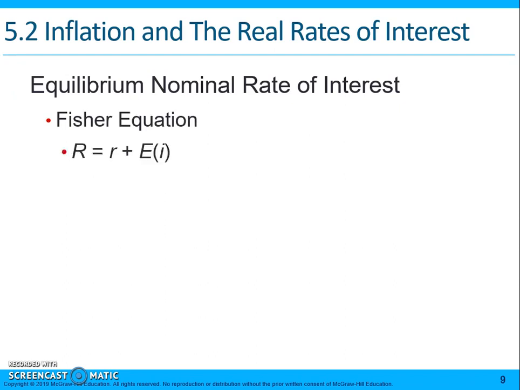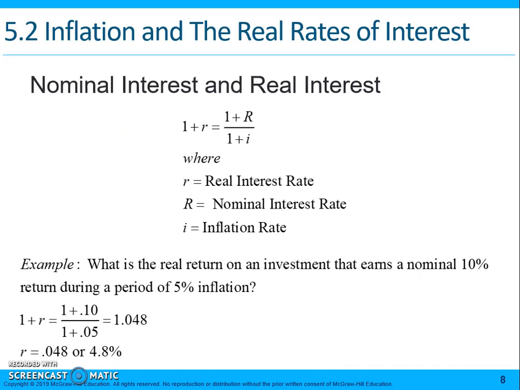So the Fisher equation. If we go back to this, you could rearrange this equation and have 1 plus capital R is equal to 1 plus lowercase r multiplied by 1 plus i. If you multiply those out, you'd have 1 plus r plus i plus ri.